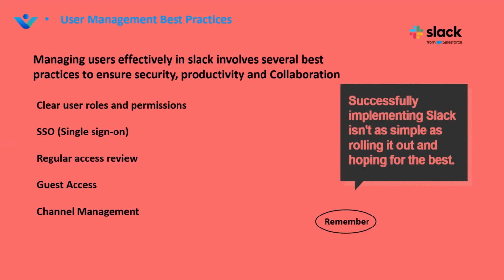Last but not the least, channel management. Establish clear guidelines for creating and managing channels to prevent duplication and ensure organization. Encourage the use of naming conventions and descriptions to make channels easily discoverable. By following these best practices, organizations can effectively manage users in Slack while promoting collaboration, productivity, and security.